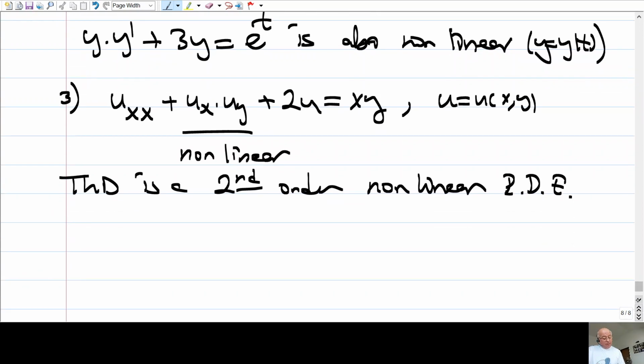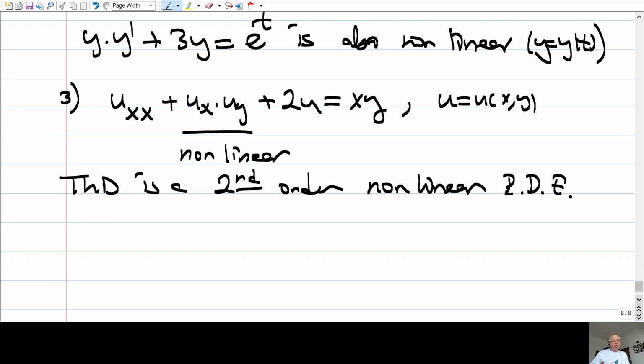All right. As in the case of algebraic equations, remember that in linear algebra you have seen linear systems, linear equations, and they're relatively easy to solve. We have a well-established theory for linear equations. We understand them and we know how to solve them. But nonlinear equations, we have almost no idea how to solve them. We don't have formulas for the solutions and so on. For example, for quadratic equations, we have the quadratic formula.